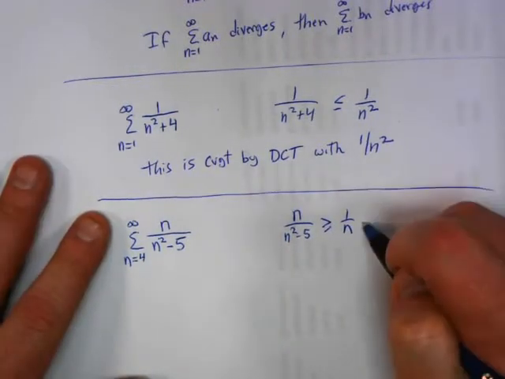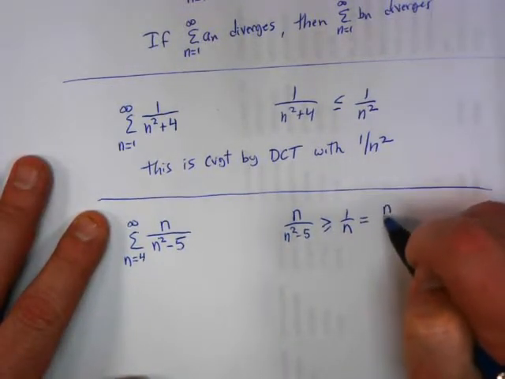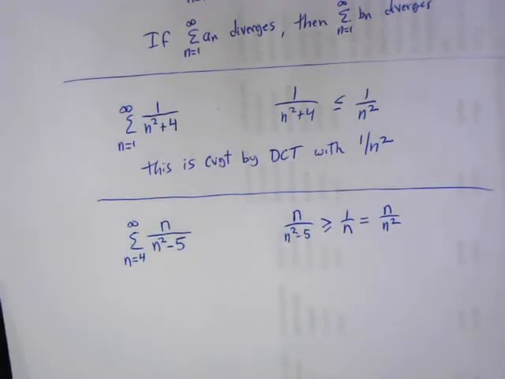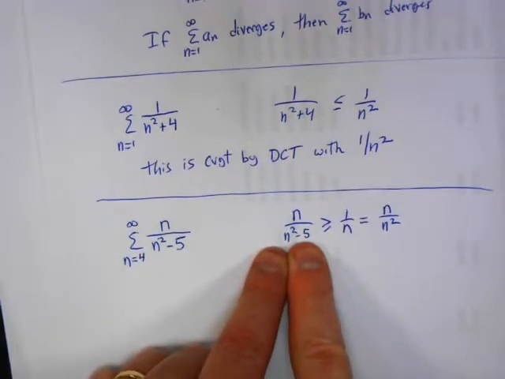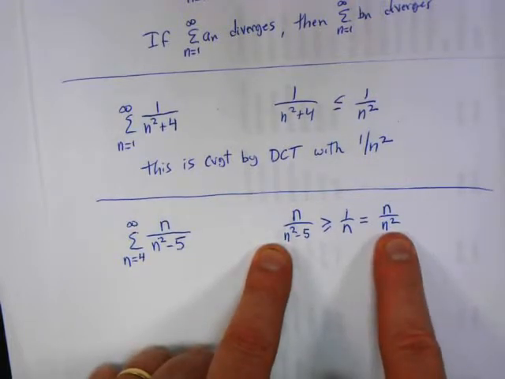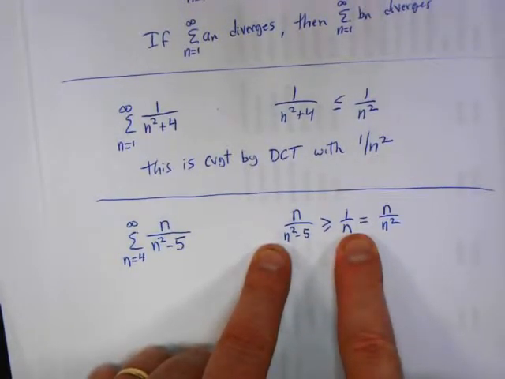So what you're saying is think of this as being n over n squared, and then you're absolutely right. Here, I'm subtracting 1, which means I'm making the denominator smaller. When I make the denominator smaller, what does that do to the entire fraction? Makes it larger. So this fraction is larger than that fraction, which is the same as that fraction, which is nice.